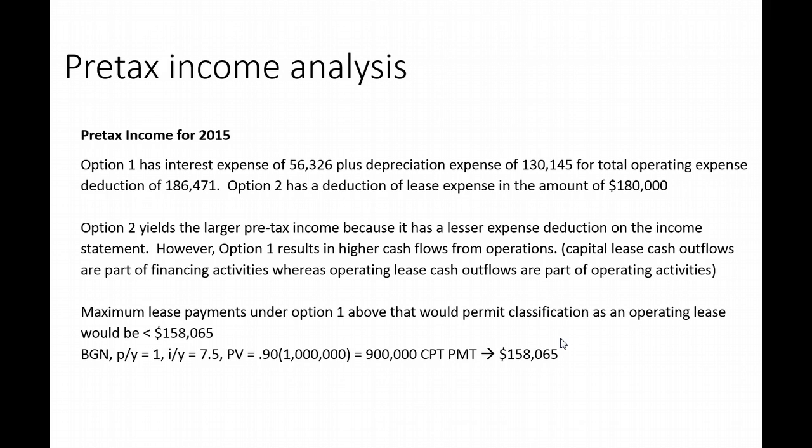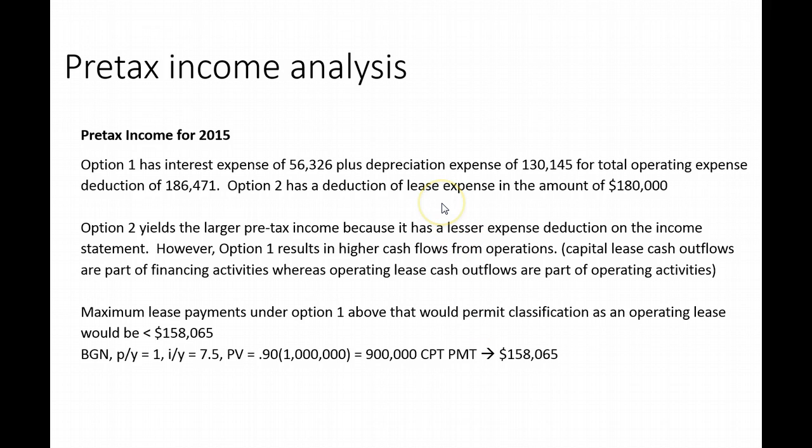That's the cutoff point according to US GAAP. And then when you get the solution of $158,065, you know that payments are going to have to be less than $158,000. And so that would enable us to avoid having option number 1 classified as a capital lease.